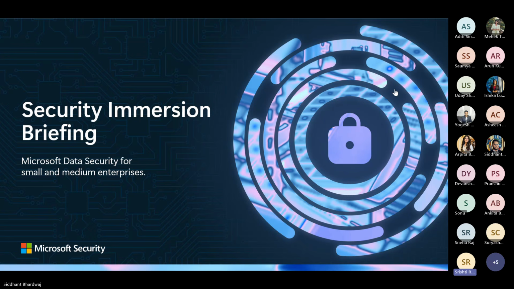There we have Siddhant with us, who will help us learn how you can reduce data risk by enabling secure collaboration and productivity. I would encourage everybody to participate, ask questions, and engage throughout the session. With that, let's begin today's data security immersion briefing. Over to you, Siddharth.